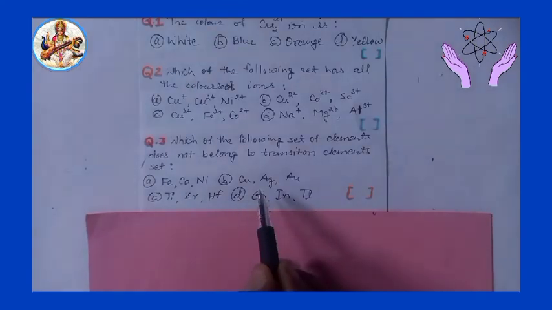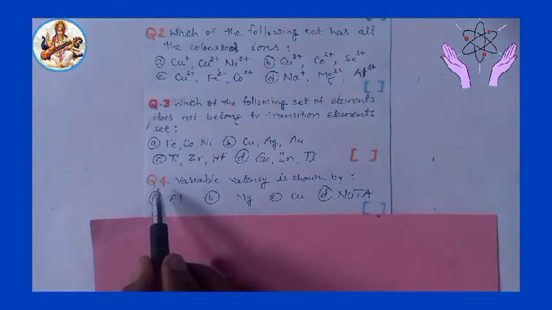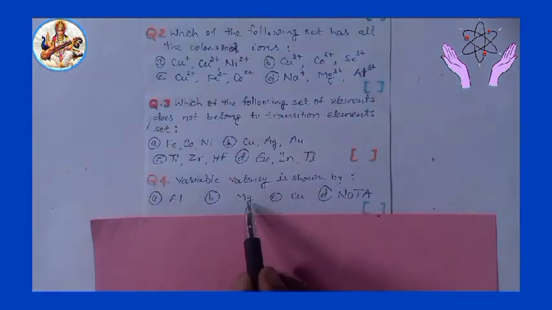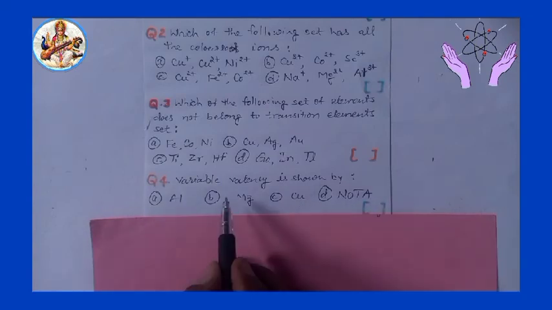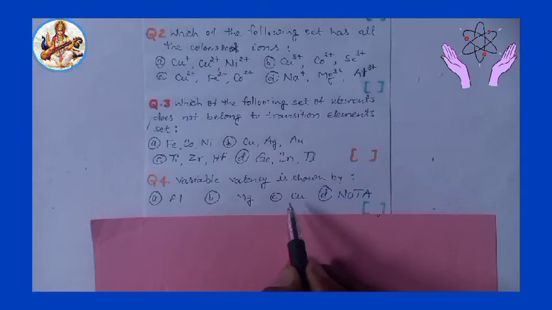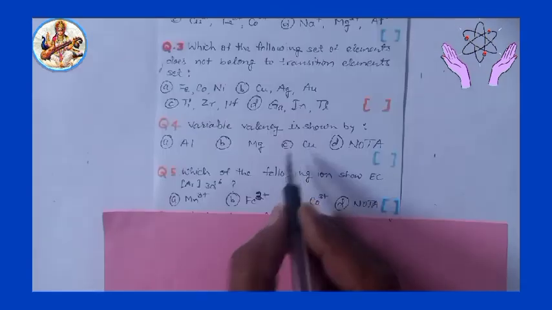Next, question 4: variable valency is shown by aluminium, magnesium, copper, none of the above. Answer option C, copper, because it is a transition element.